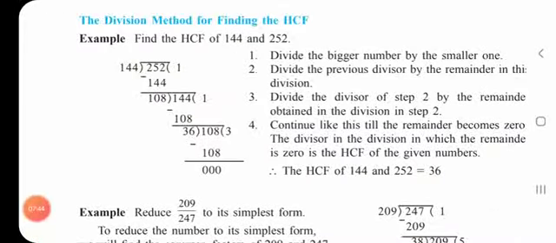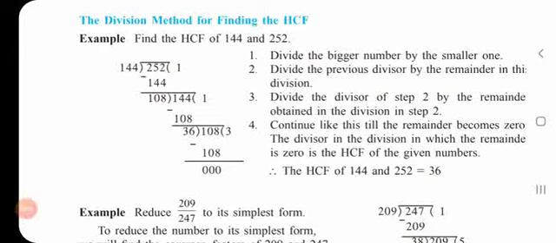Next is to find the HCF by the division method. For example, suppose 144 and 252, their HCF we have to find. So the steps are: first step will be to divide the bigger number by the smaller one. Here the bigger number is 252, so we have to divide 252 by 144. Next is to divide the previous divisor by the remainder in this division.